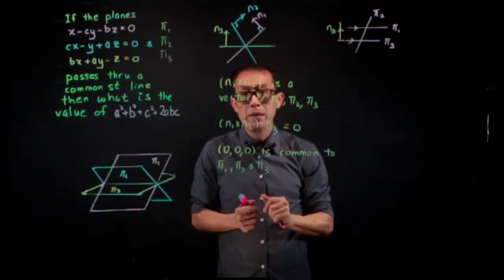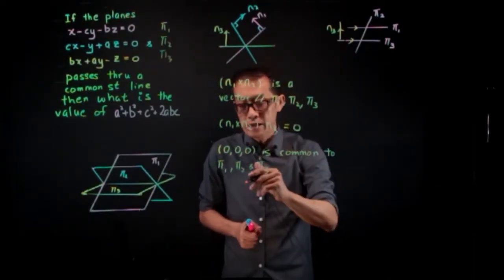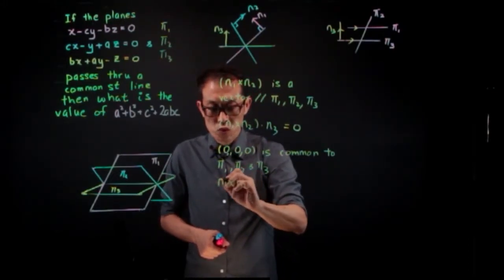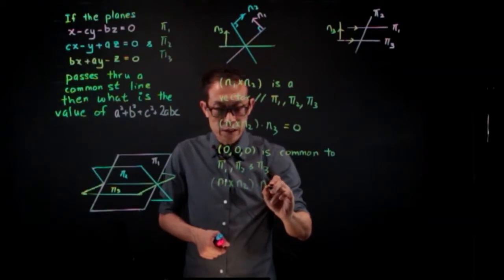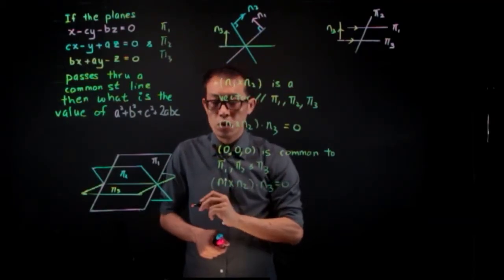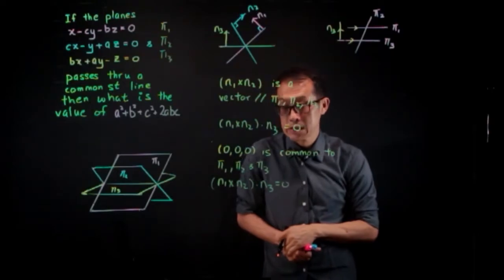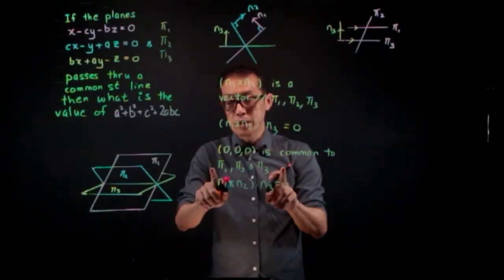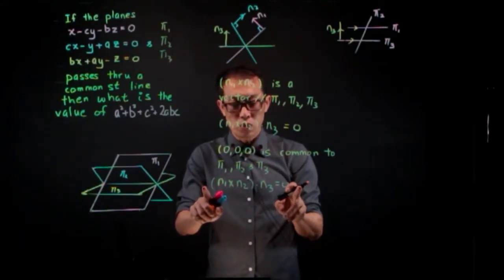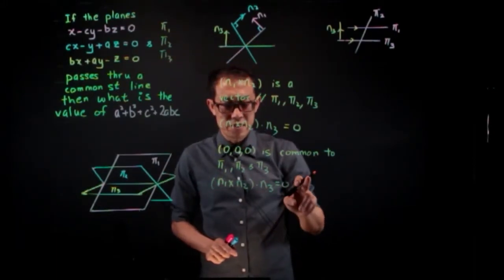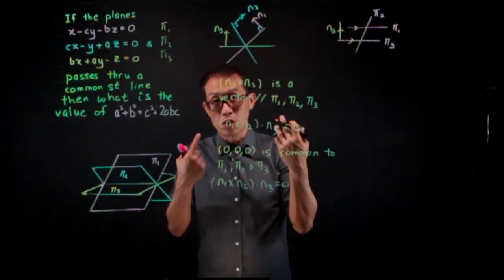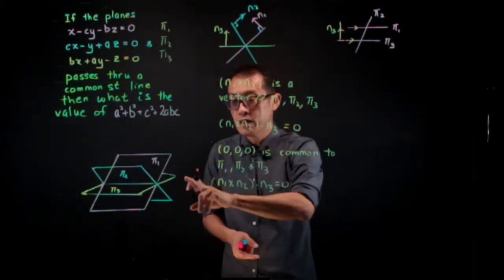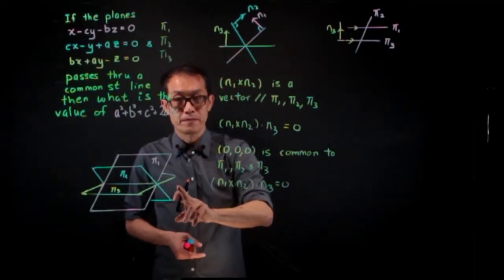Now, if there is a common point and N1 cross N2 dot N3 equals 0, what does that mean? Then, on top of that, there is another additional condition. You will find that it won't be this case, it will be this case.